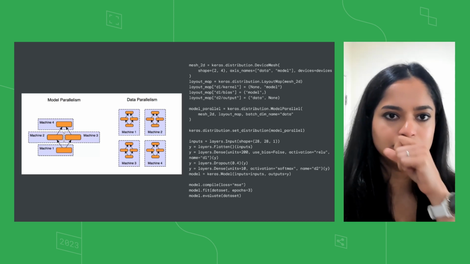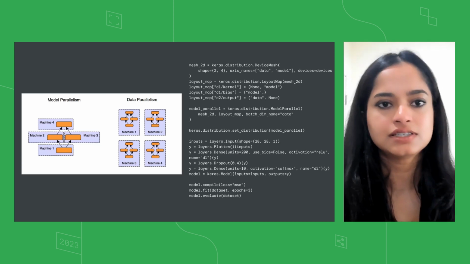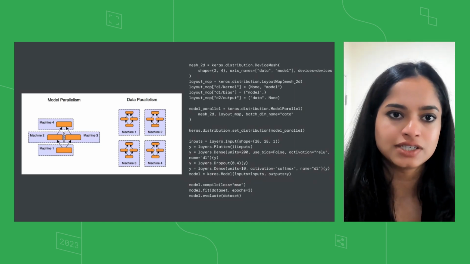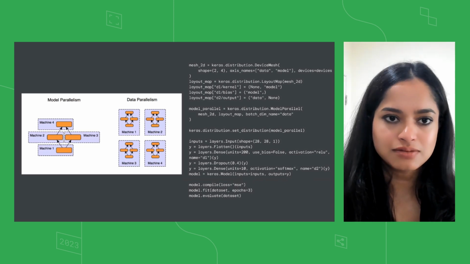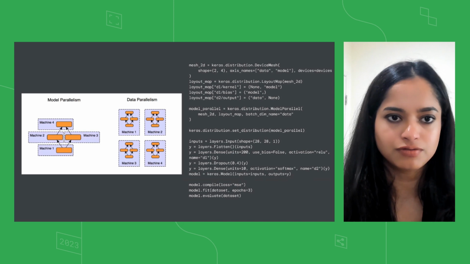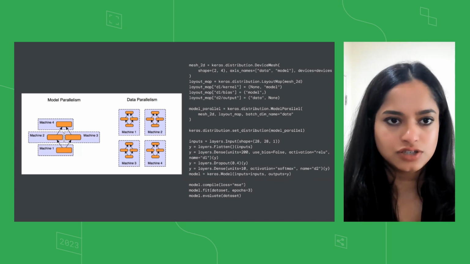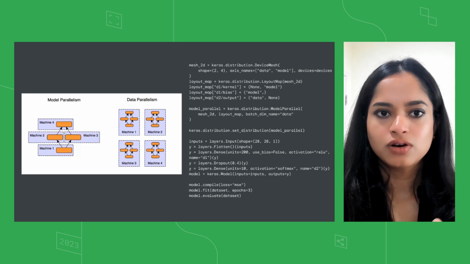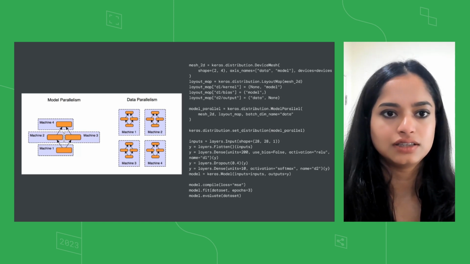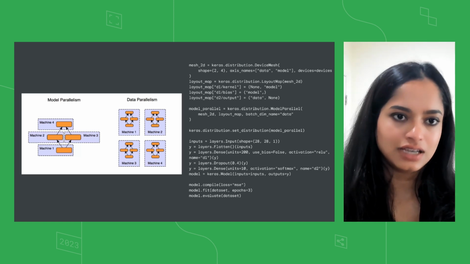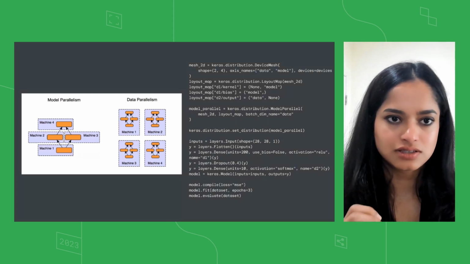So I have an example here that demonstrates how to use the Keras Distribution API using device mesh and layout map. The device mesh here represents a cluster of computation devices configured for distributed computation. Here we define a 2x4 device mesh with data and model parallel axes. Then we create a layout map from the mesh we just defined.